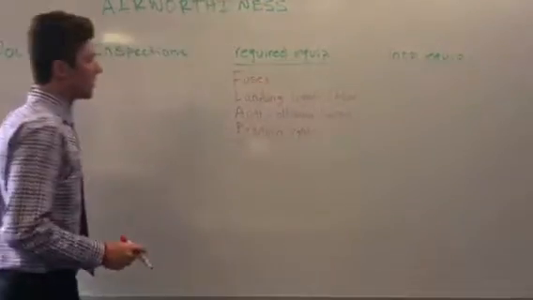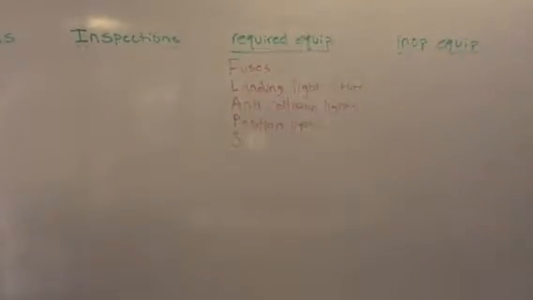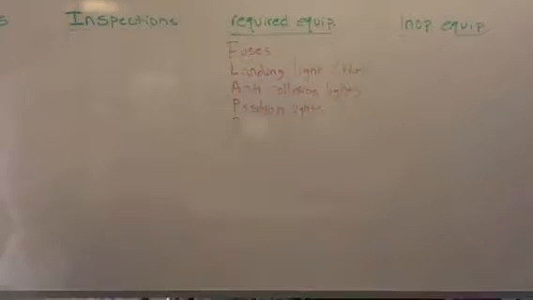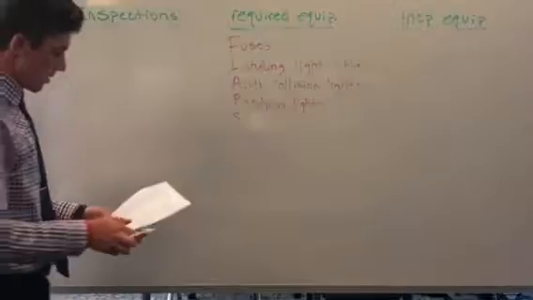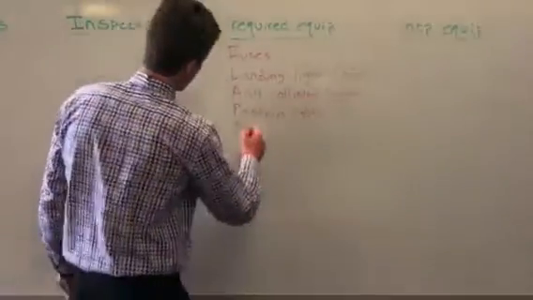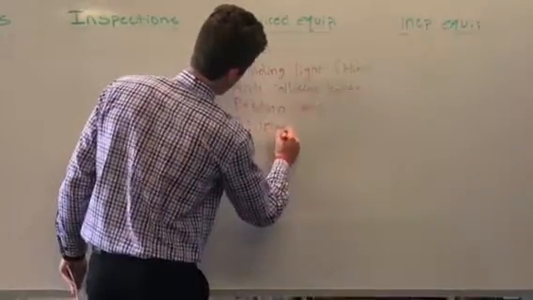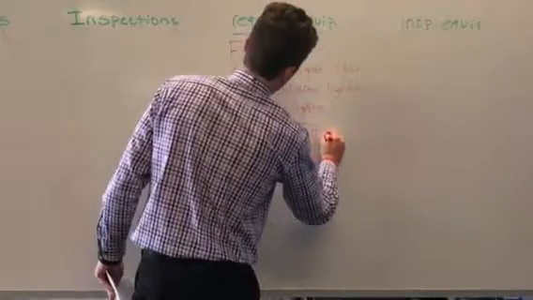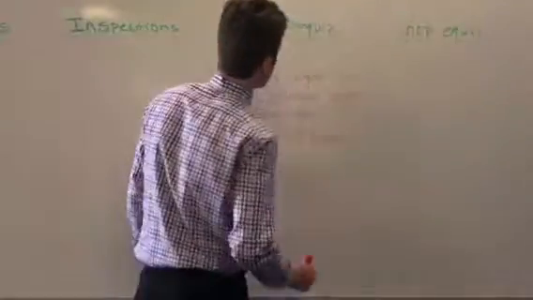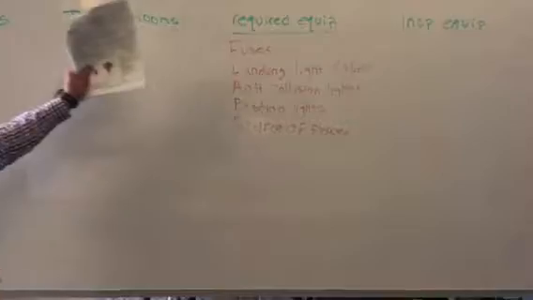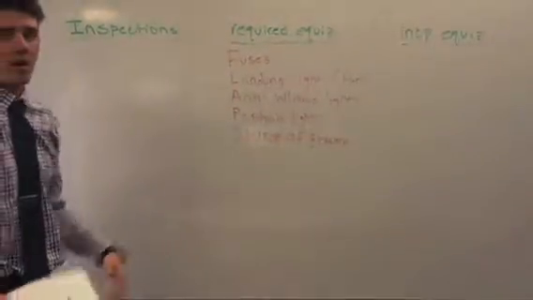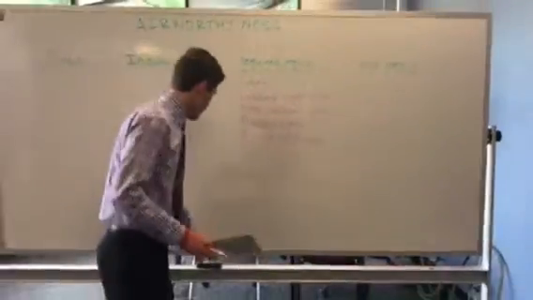Actually, I get those mixed up: position lights, anti-collision lights. Okay. And then we need a source of power in the aircraft. So we need this on top of 8 tomato flames to fly at night in VFR conditions.